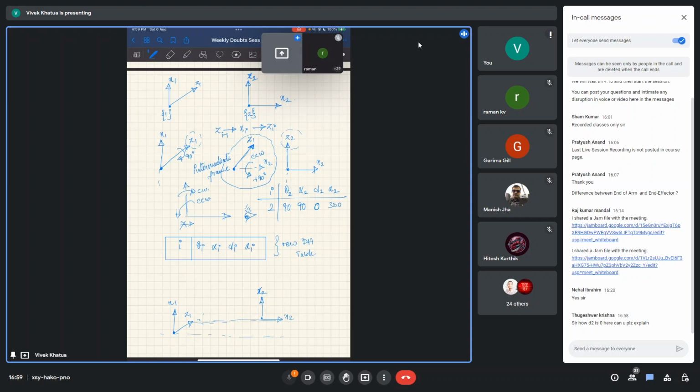This point does not lie in the x2 axis. Now let us make an intermediate frame here. I have z1 and x2. The same thing I have done.